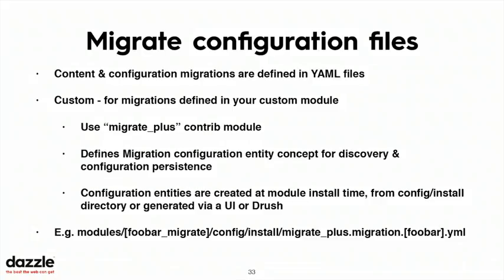In this particular case, the Migrate Plus module creates config entities out of your migration plugin definitions to allow it to have an easier way, a cleaner way to discover all the custom migrations that you have, as well as provide persistence between your migrations, such as the database connection and things like that.